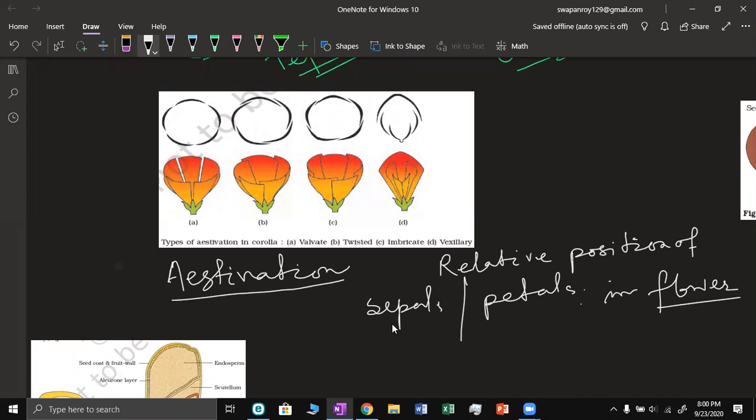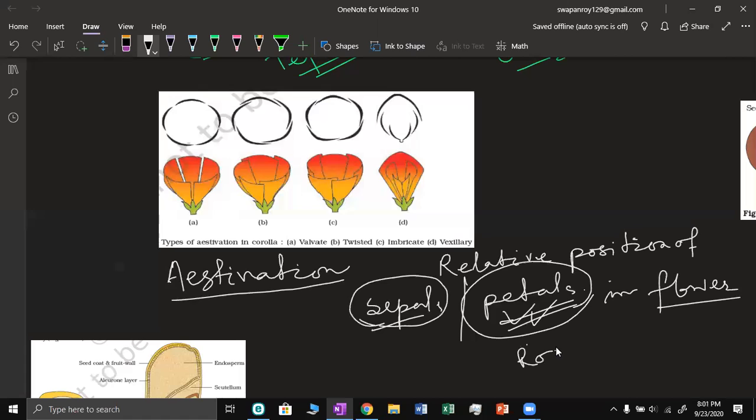Say for sepals, there are 5 or 3 or 6 or more sepals, how they are arranged. Or petals, there are 5 petals or more petals, as in case of rose, so many petals are there.